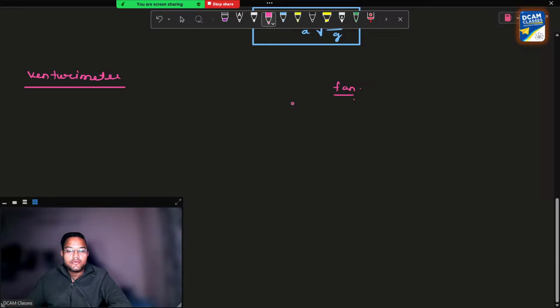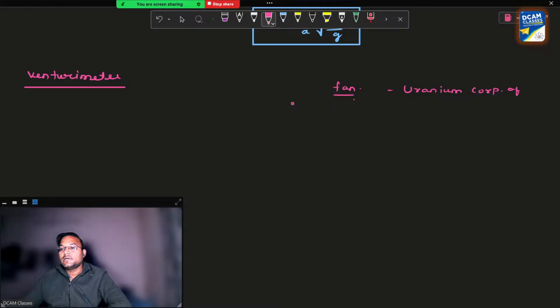It's not a smaller fan. Usually the company was Uranium Corporation of India Limited. You will find it if you Google it. It is in Jamshedpur, the Jadugoda mines, they say. This is in Jharkhand.